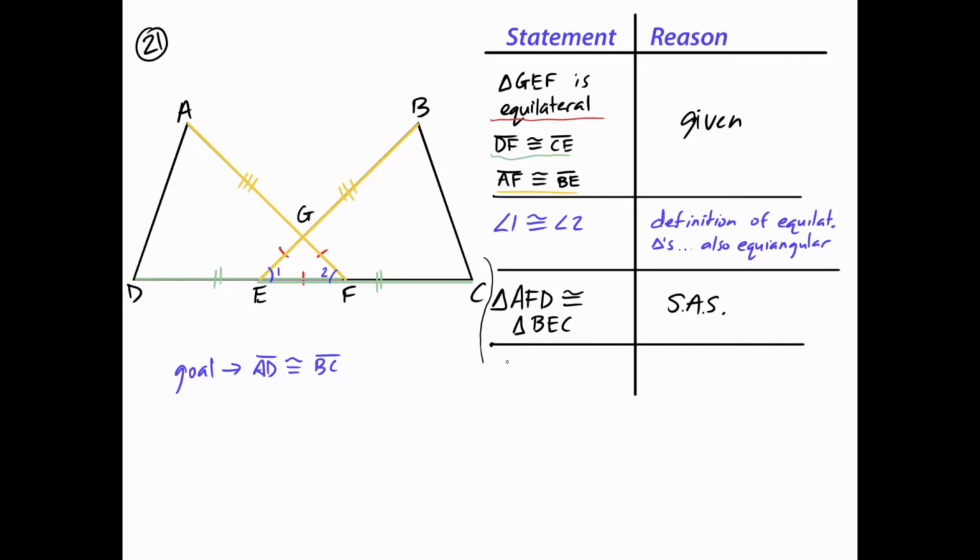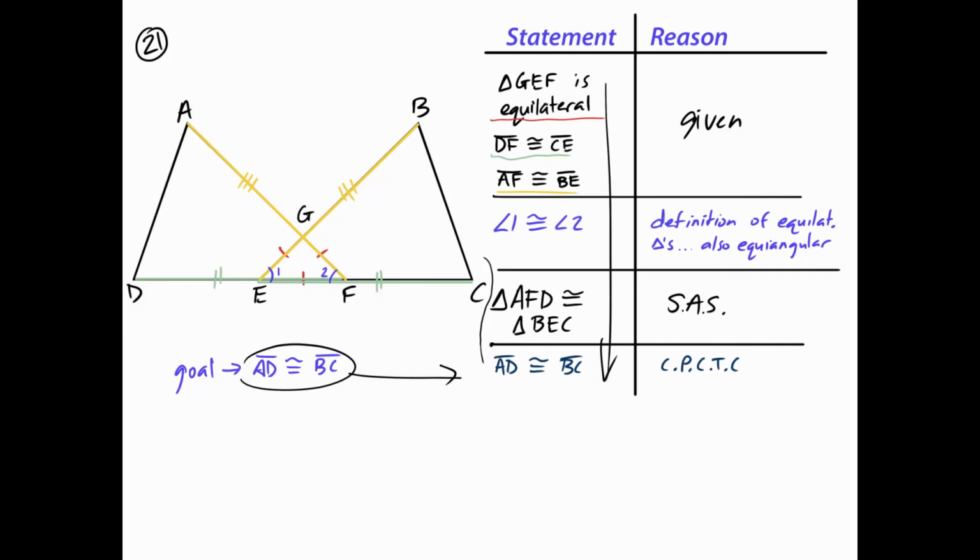So that means that AD, that line segment, must be congruent to BC. And that is because corresponding parts to congruent triangles are congruent. If the triangles are the same, all the pieces are the same. Looking back at my goal, that's what I wanted to prove, and these are the steps to get there.